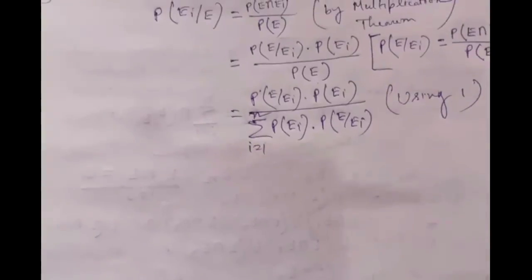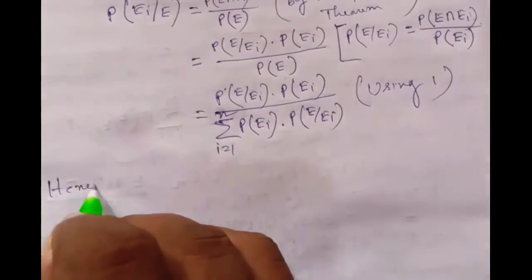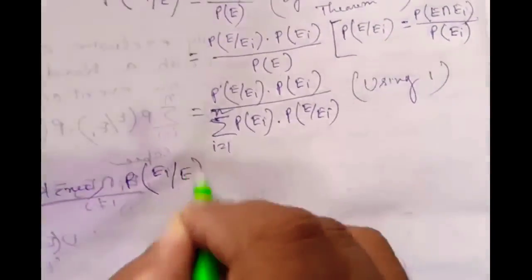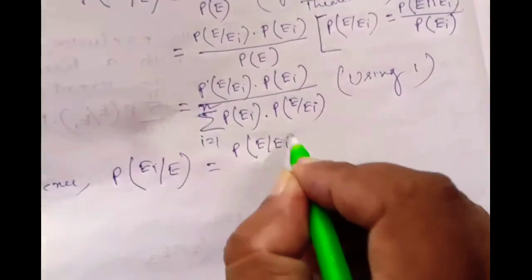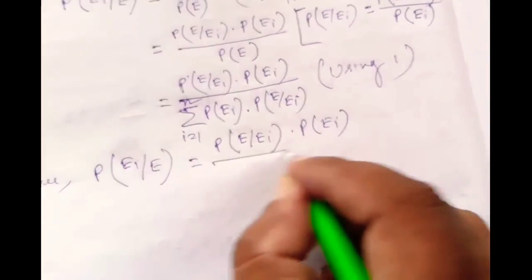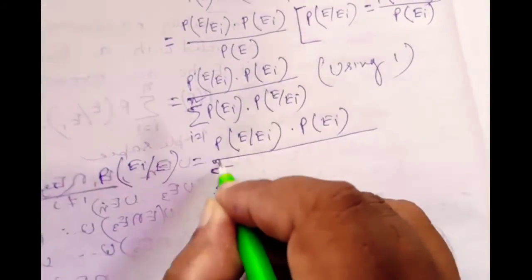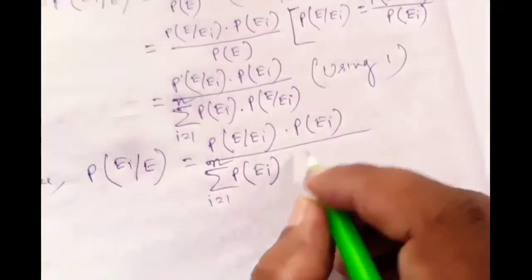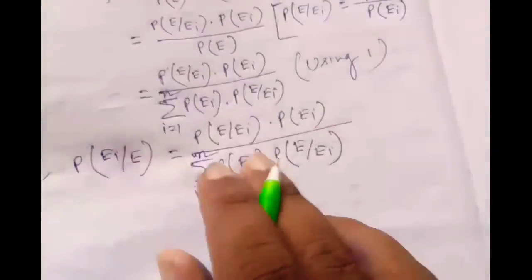Hence the proof: probability of Ei by E equals probability of E by Ei into probability of Ei divided by summation of i equal to 1 to n probability of Ei into probability of E by Ei.